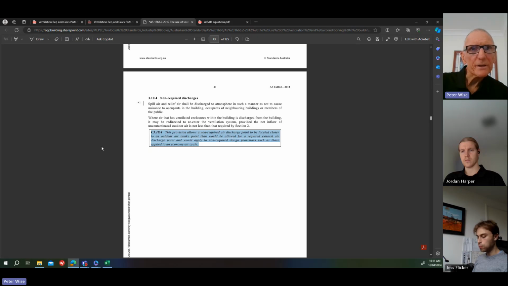If you have a preconditioner, then you're actually reducing the temperature and moisture content of the outside air. That's going to reduce the heat load in the space or on the air conditioning equipment. So just be aware of that. That's what a preconditioner is. It's an ERV in simple terms.